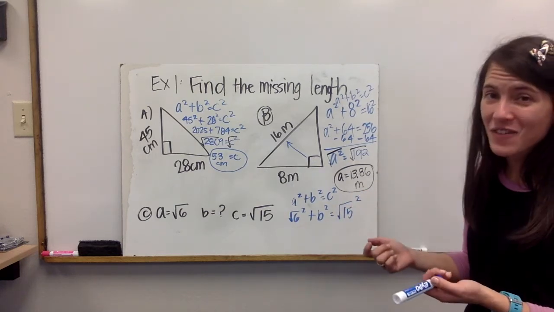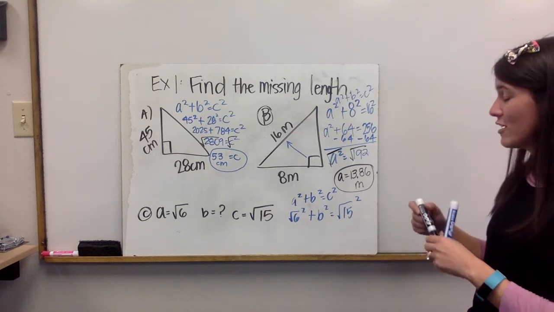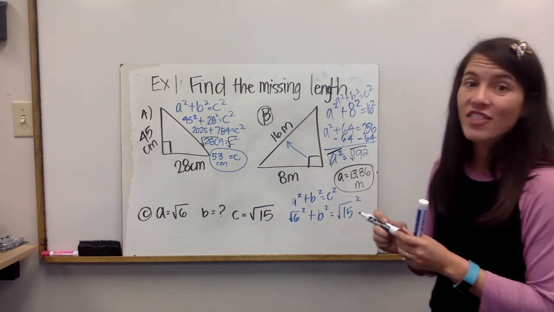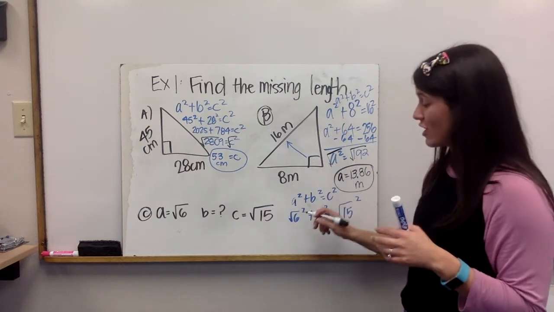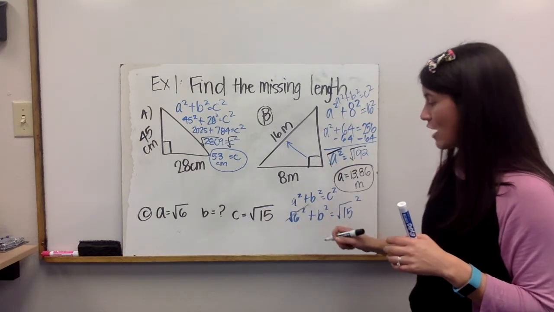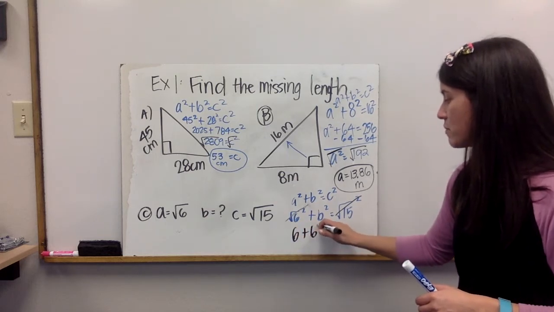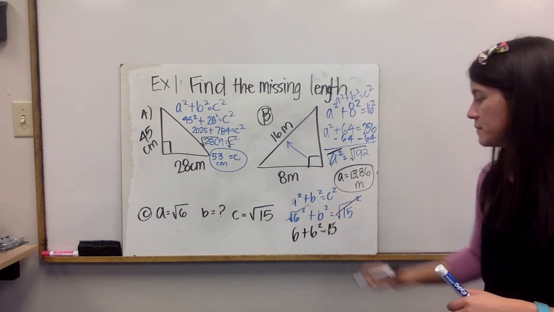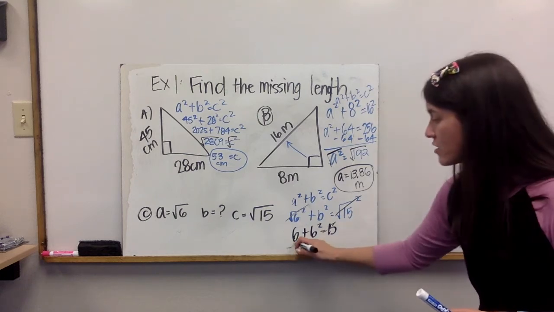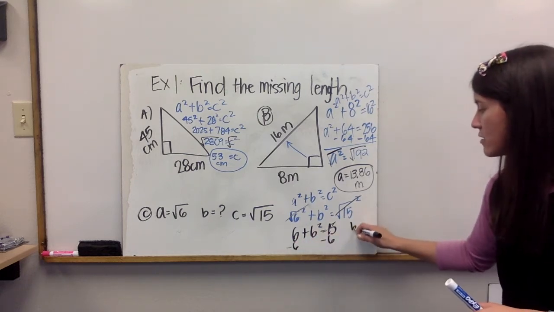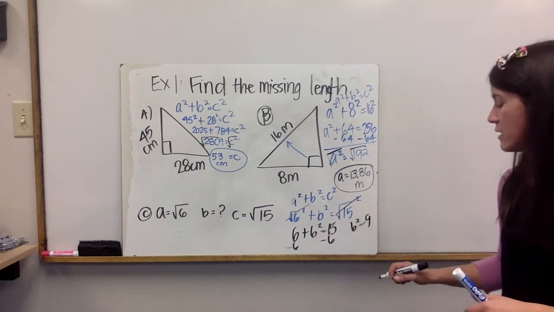Now, the funny thing is for this one, you can type this into your calculator, but if you type in the square root of 6 squared, the square root and the square cancel each other out. Same thing here. So I'm left with 6 plus B squared equals 15. I need to subtract 6 from both sides, so B squared equals 9.